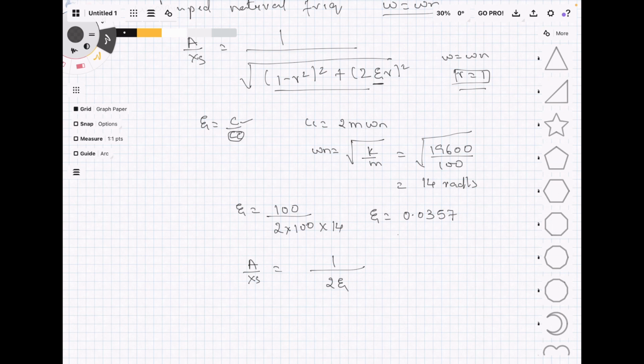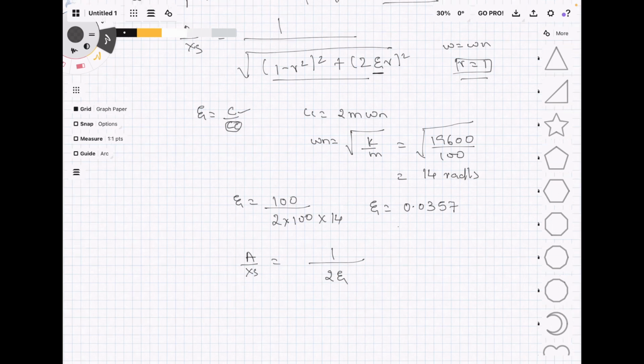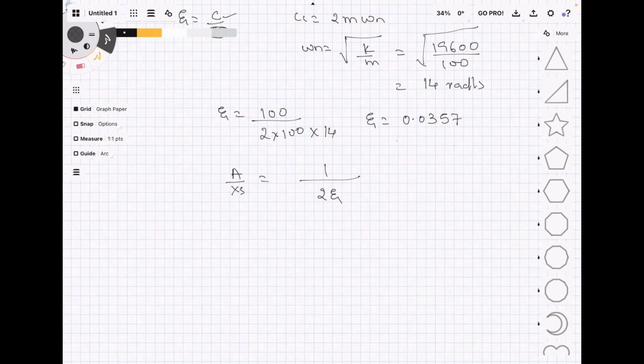So A is equal to xs upon 2 zeta, where xs is F naught by k. F naught is given, which is 39 Newton, and stiffness is given, which is 19,600.